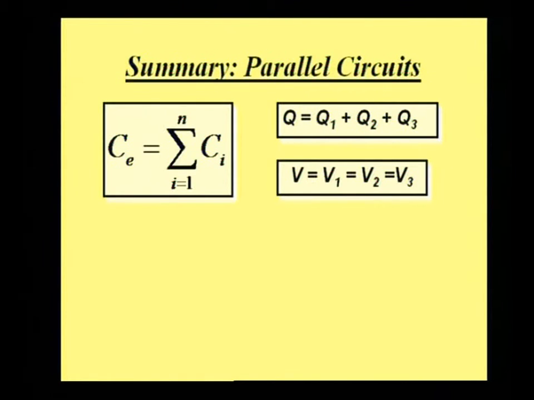If you want to find the charge stored in the capacitors, follow the equation Q equals Q1 plus Q2 plus Q3 up to Qn. And for the voltage, the voltage is common for all capacitors in parallel: V equals V1 equals V2 equals V3 up to Vn. So these are the three major equations or parameters you have to remember for capacitors in parallel.